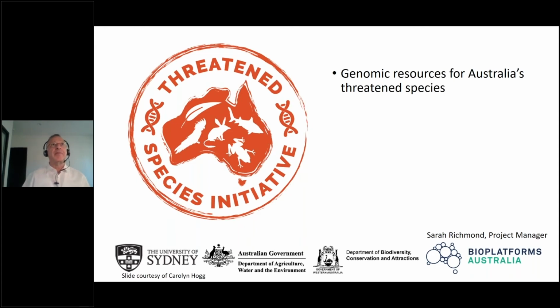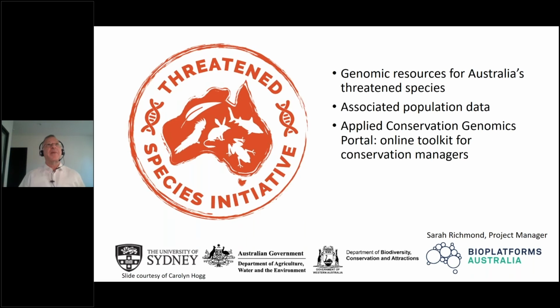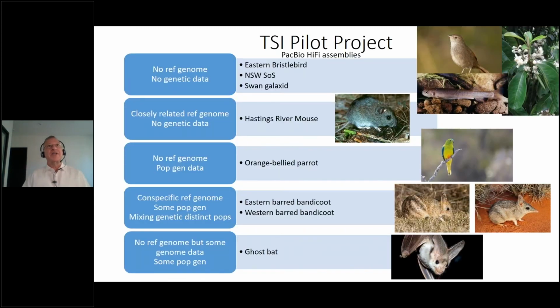This program aims to provide new genomic resources for Australia's threatened species: reference genomes, associated population data, and an online portal that can bridge that gap between the genomic knowledge and those in the field who are implementing conservation strategies. The project that is just being completed by the Threatened Species Initiative is a pilot project.